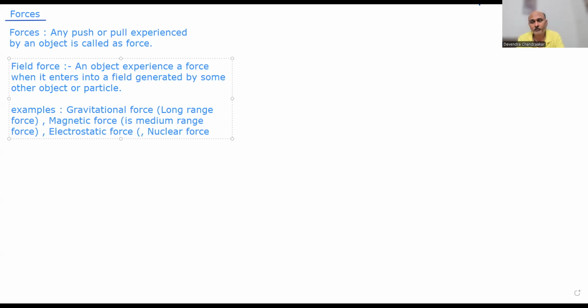It's 10 to the power minus 15 meter. Electrostatic force is a short range force. And nuclear force is a very, very short range force.